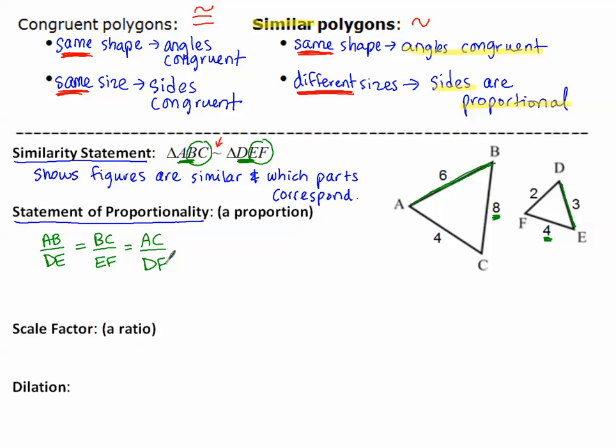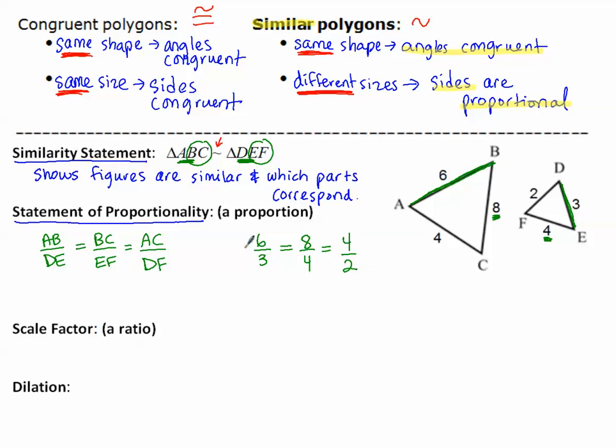Just with the letters, it's not as obvious, so let's put the numbers in there to help it make a little bit more sense. Like we said, AB corresponds with DE. So if I write 6 over 3, that should be equal to BC over EF. BC says 8, EF says 4, 8 over 4, and then the last pair of corresponding sides, 4 and 2.